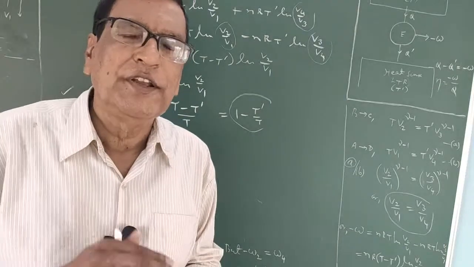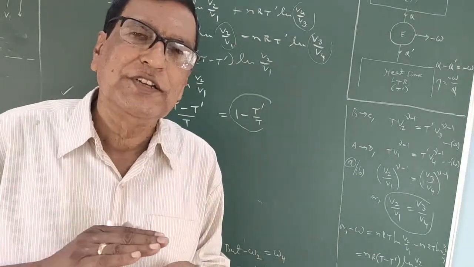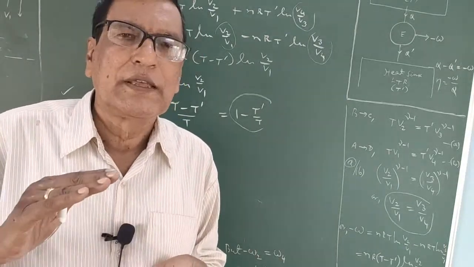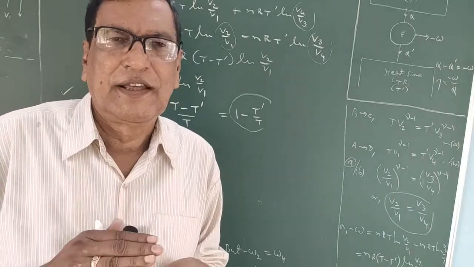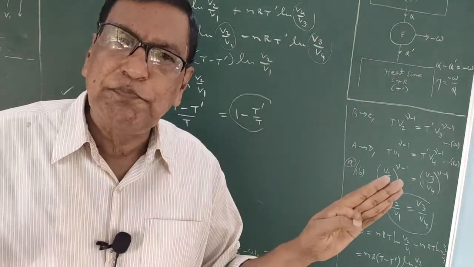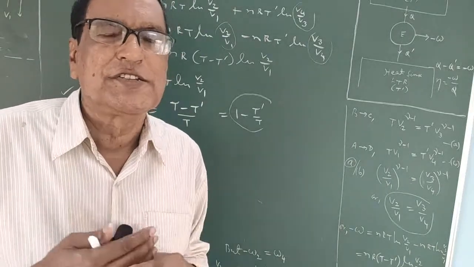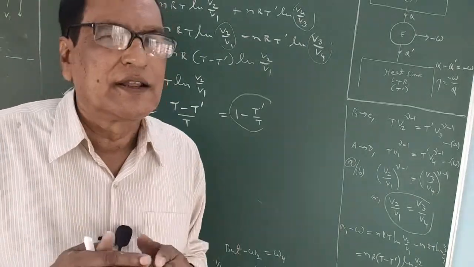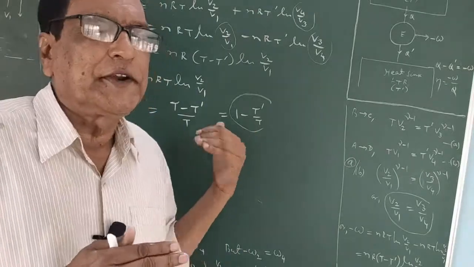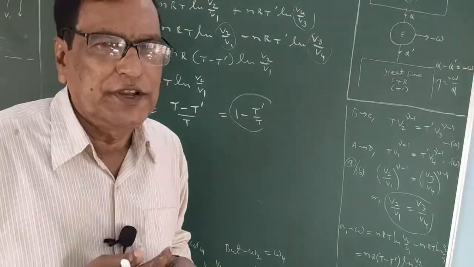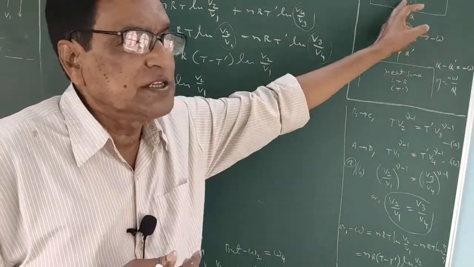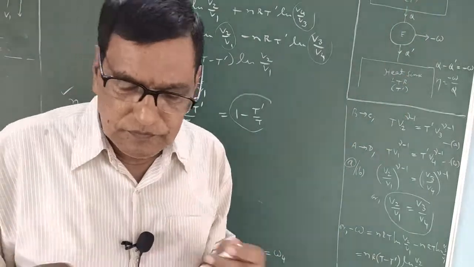The efficiency of the Carnot engine is taken as a limit, and no engine is possible whose efficiency will be greater than that predicted by the Carnot engine working between the same two temperatures.